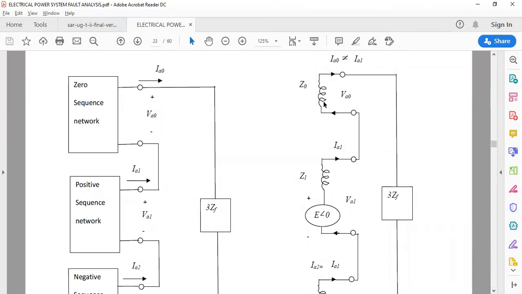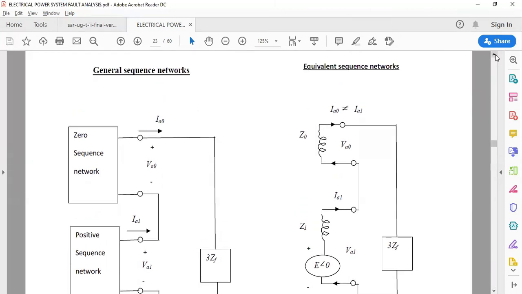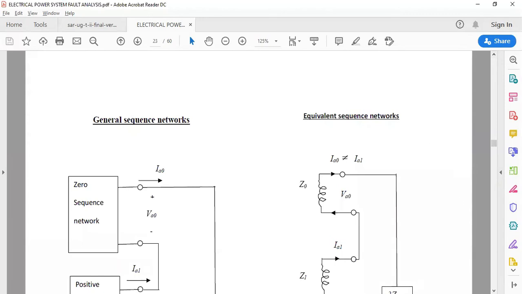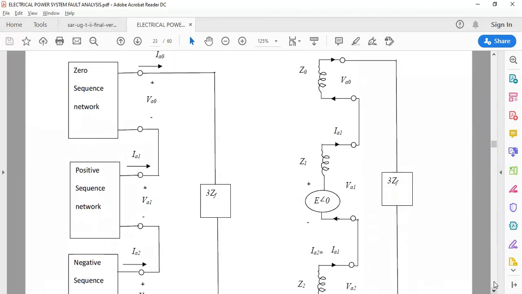If you observe the left-hand side general sequence network, all the sequence networks, that is the zero sequence network, positive sequence network, and negative sequence network, are connected in series with each other as the sequence components of the fault current are equal to each other.